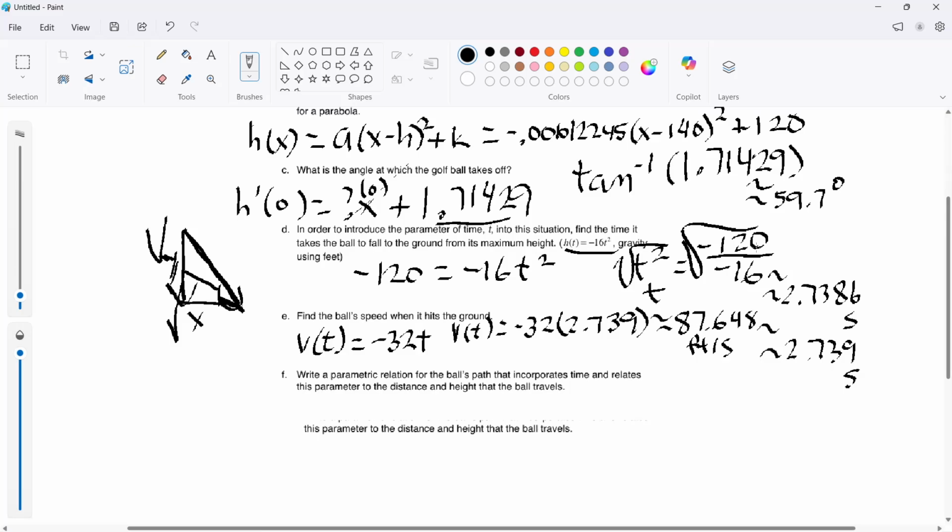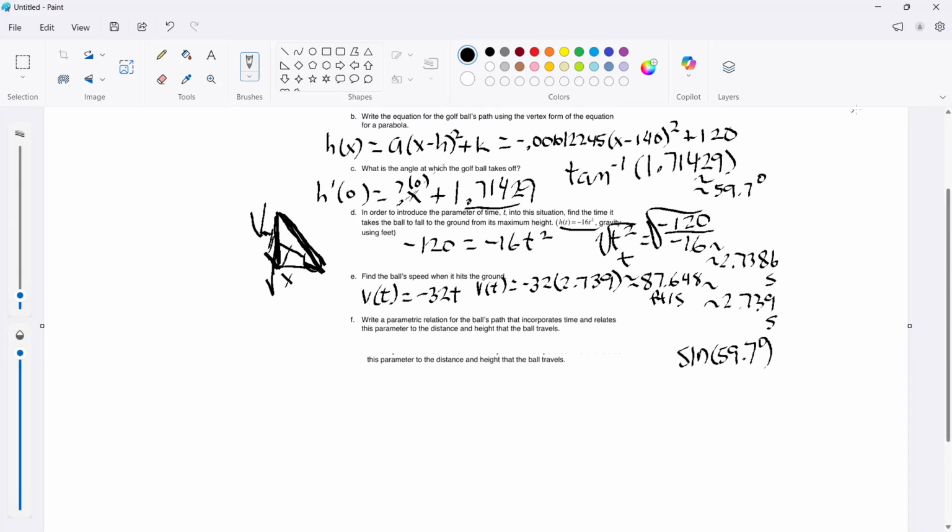Now, how do I find the velocity at that angle? That's the velocity with respect to y. Well, again, it's going to be the sine of 59.7 degrees, and the answer key uses all the rounded values in the interim, so that's what I'm doing. That equals opposite over hypotenuse, so that's my Vy, 87.648, divided by the final velocity, which is also the same as the initial velocity.